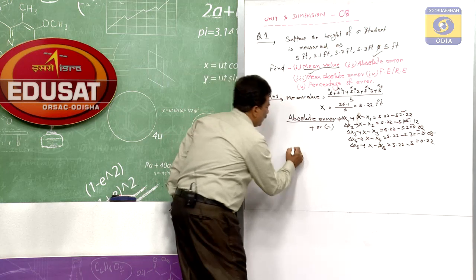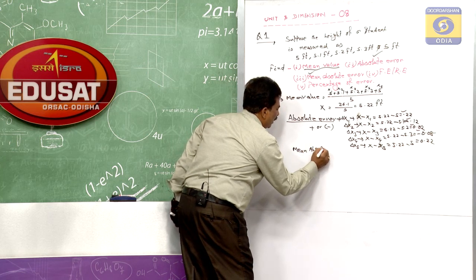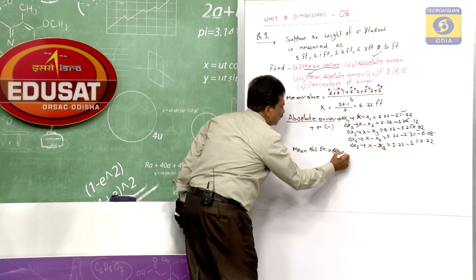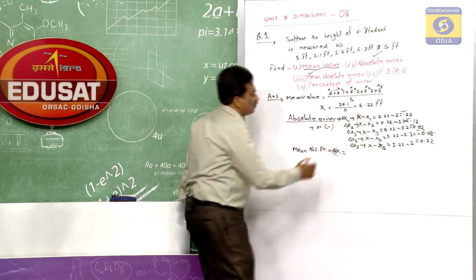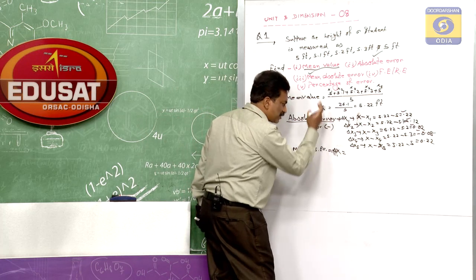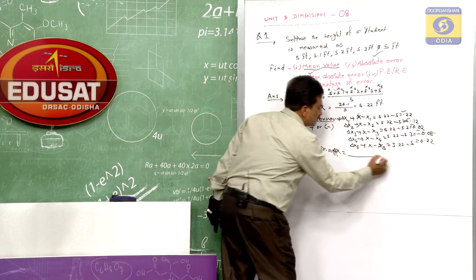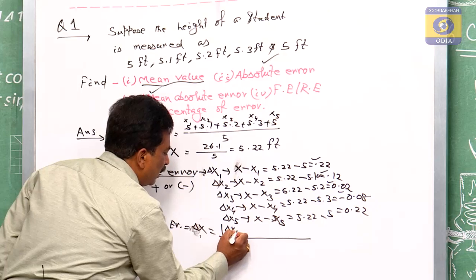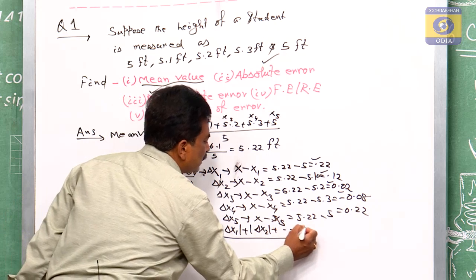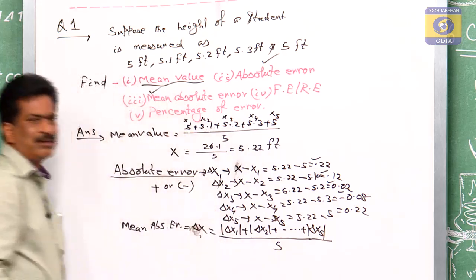Mean absolute error, that is equal to del x. We have written it as del x, and in some books you also find it as del x bar. So in the last class I wrote it in the del x form. So del x will be how much? It is the mod of del x1 plus mod of del x2 plus and so on, plus mod of del x5, divided by 5.